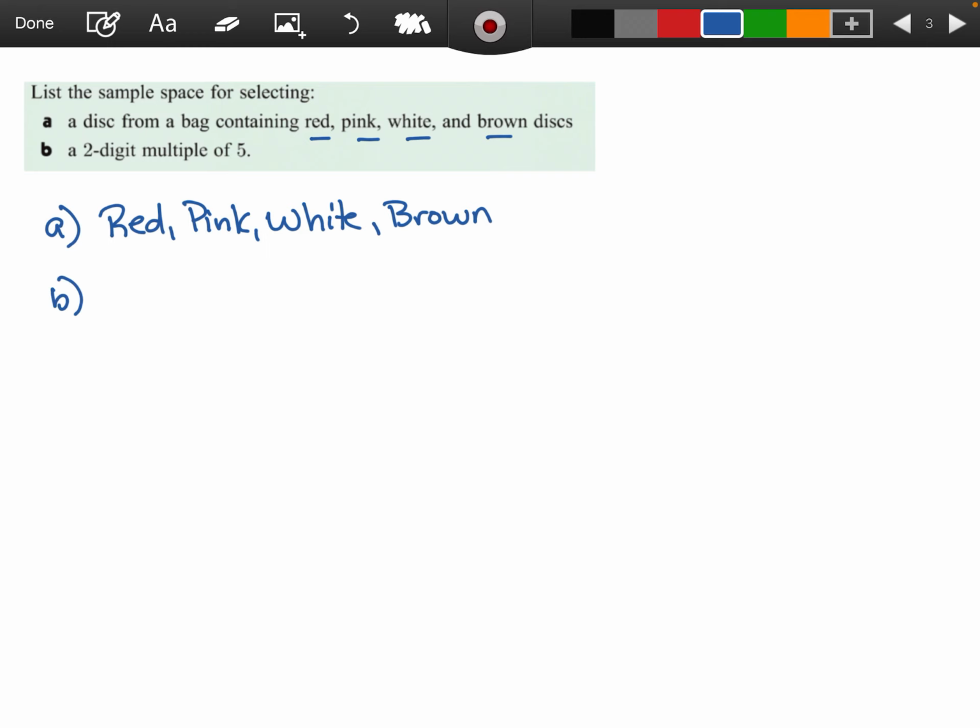Secondly, we've got list the sample space for selecting a 2-digit multiple of 5. Okay, so multiples of 5, 2 digits. Let's think about the multiples of 5: 5, 10, 15, 20, 25, 30, 35, and so on. We're looking for all of them that will be 2 digits.